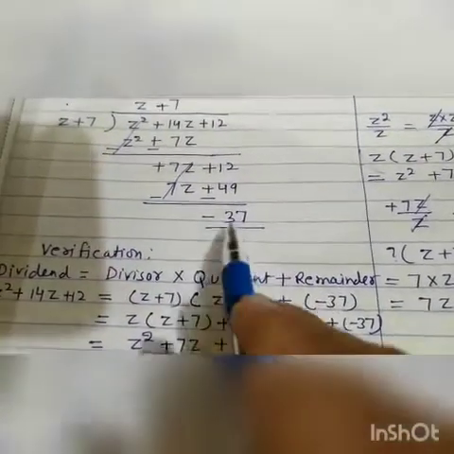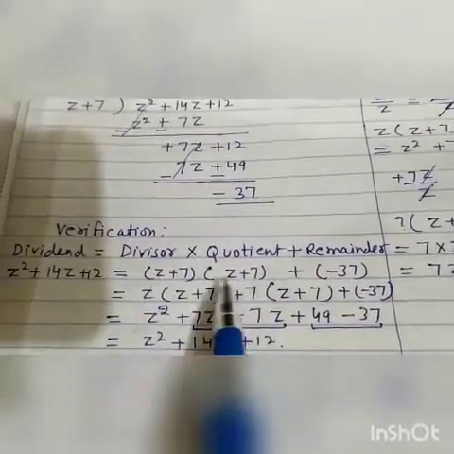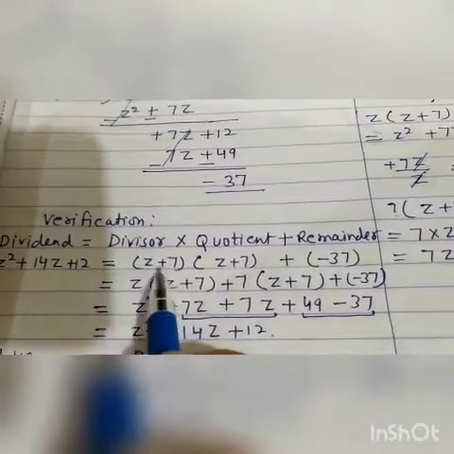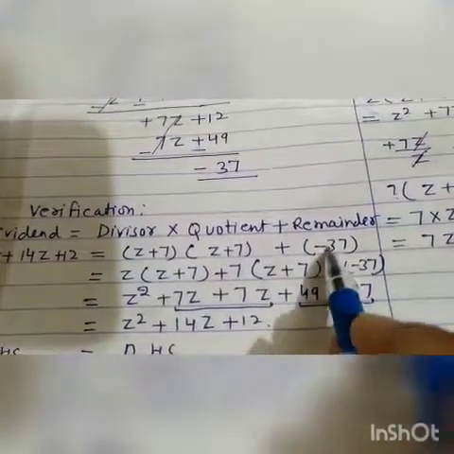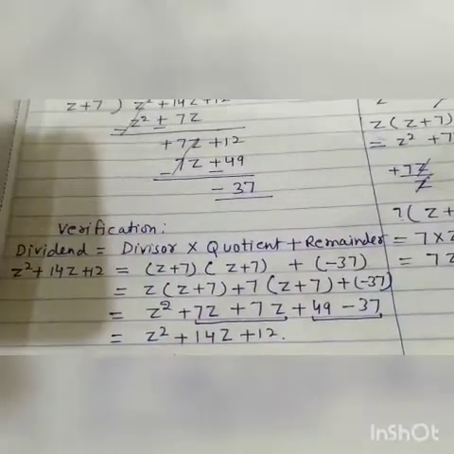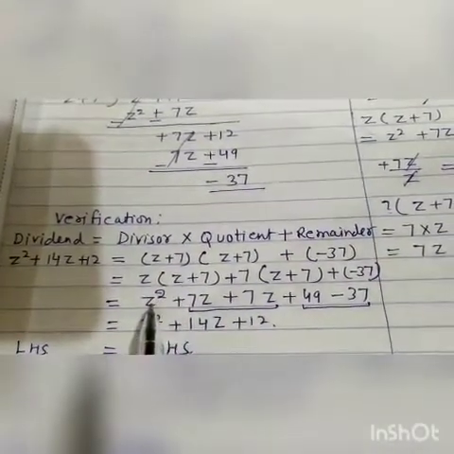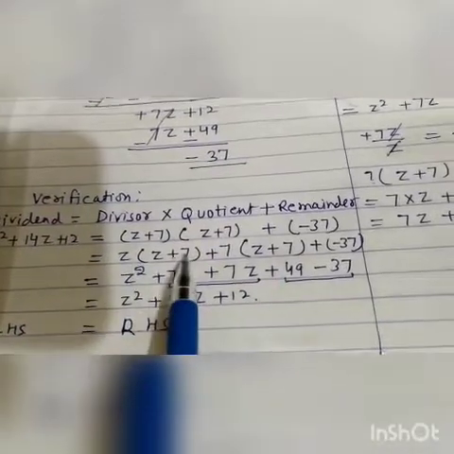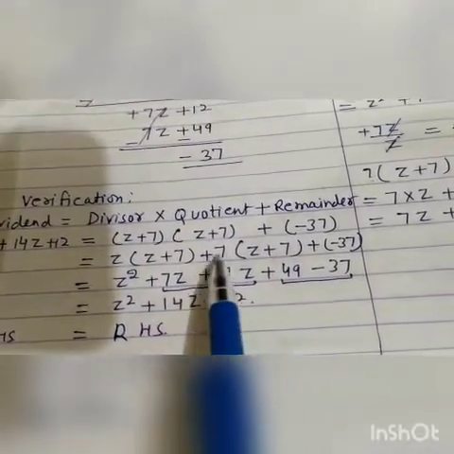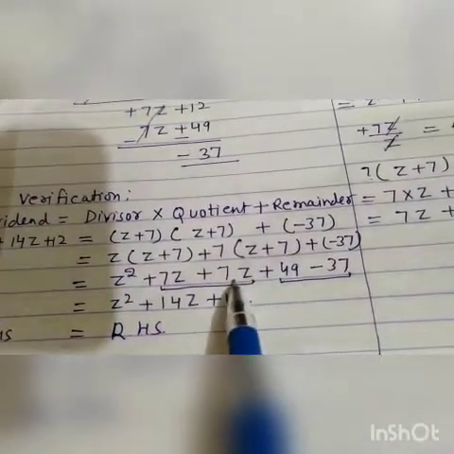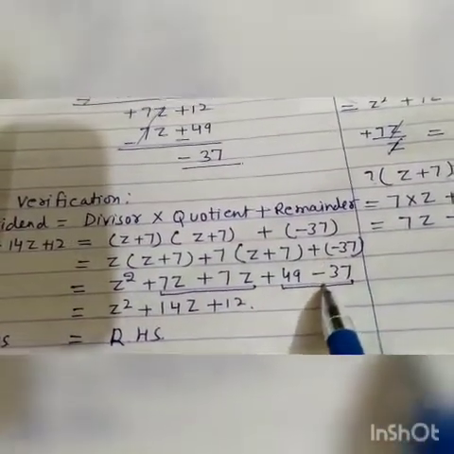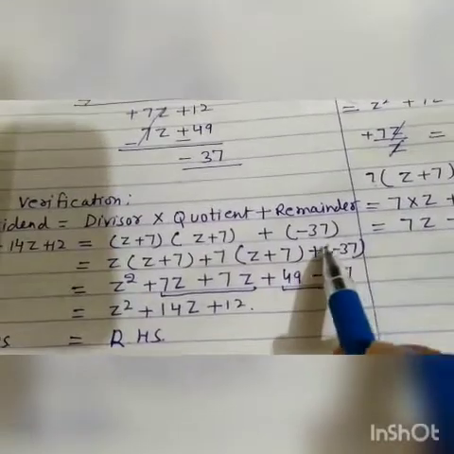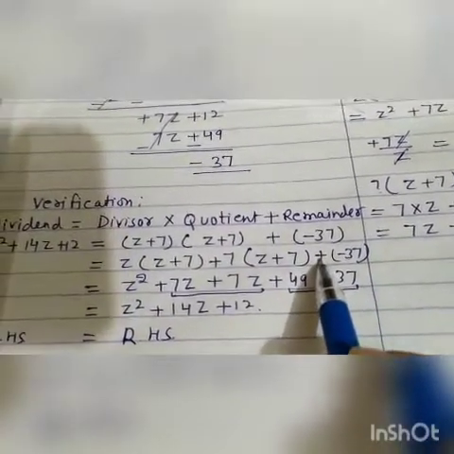Remainder is minus 37. Now z multiply by this z plus 7, plus 7 multiply z plus 7, plus minus 37. Z multiply z, z square, plus z multiply 7, 7z, plus 7 multiply z, 7z, plus 7 7s are 49. It will become minus 37 because out of this bracket there is a plus sign.